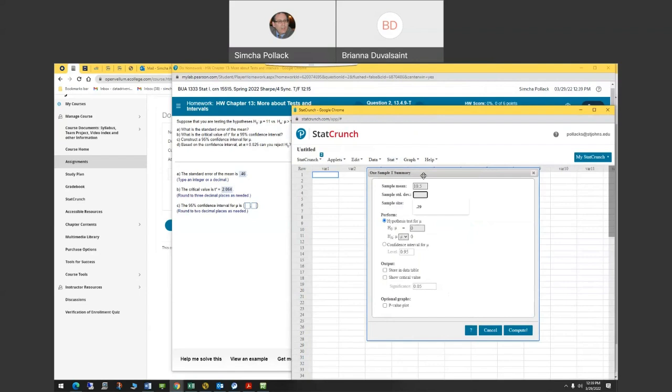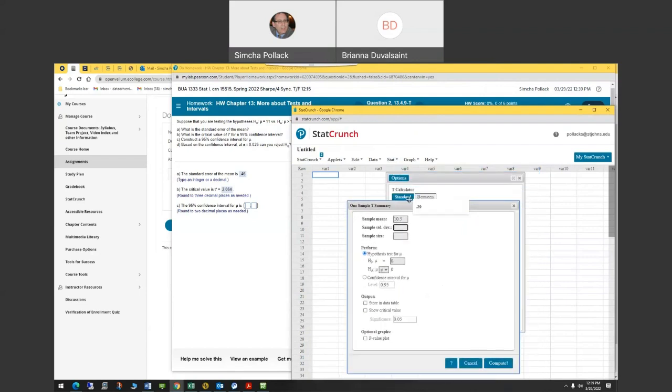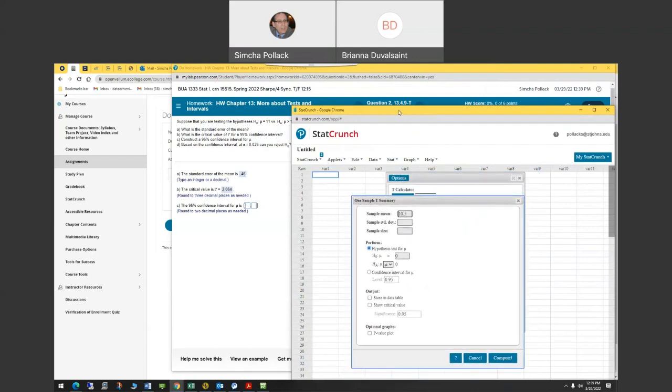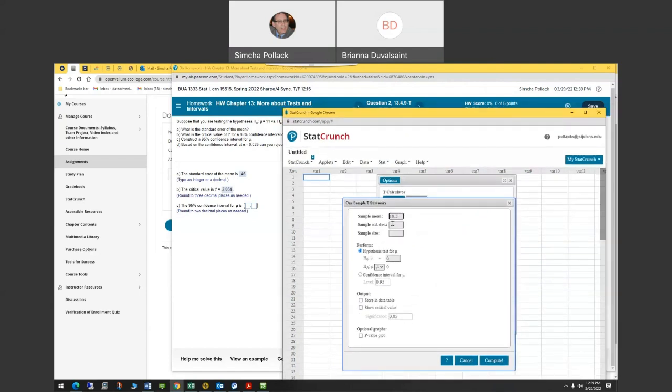And the standard deviation, what did we say it was? We never got the standard deviation. 2.3. Sample size is 25. Now, we don't want to do the hypothesis testing. What we do want is a confidence interval.